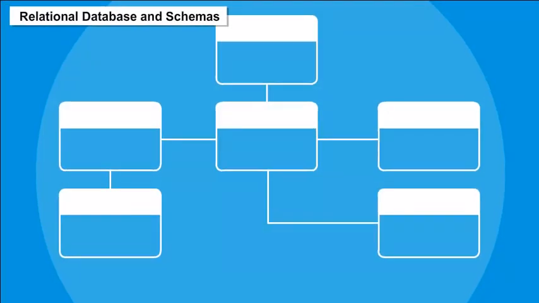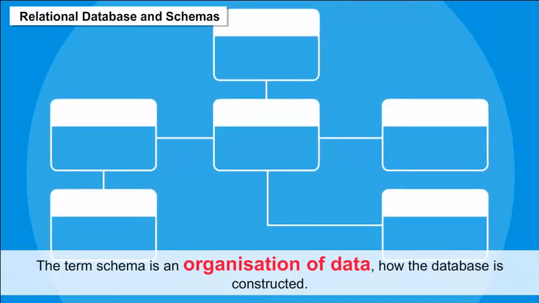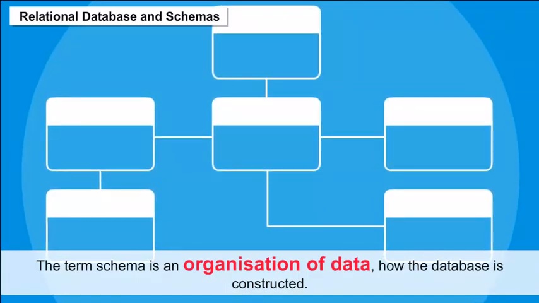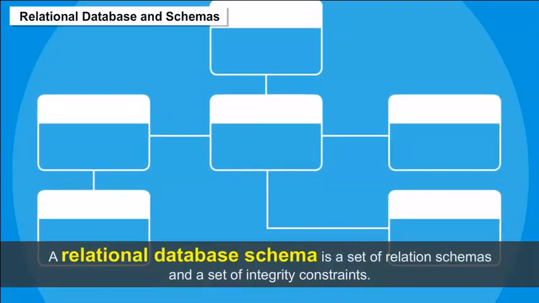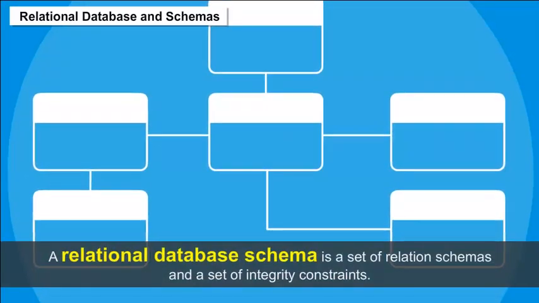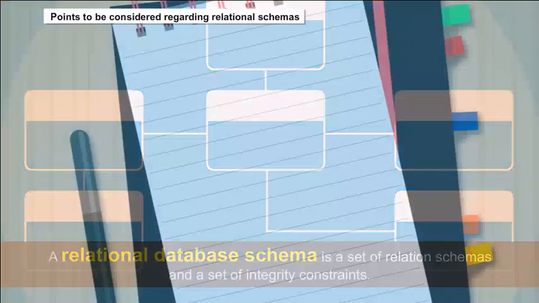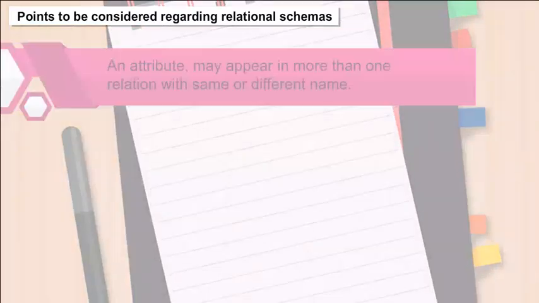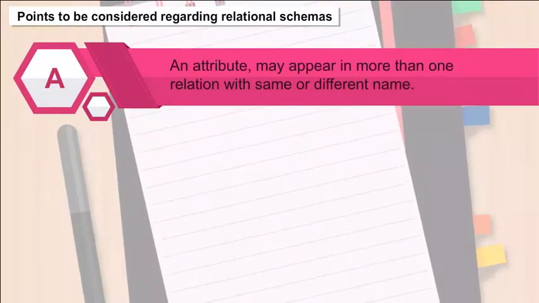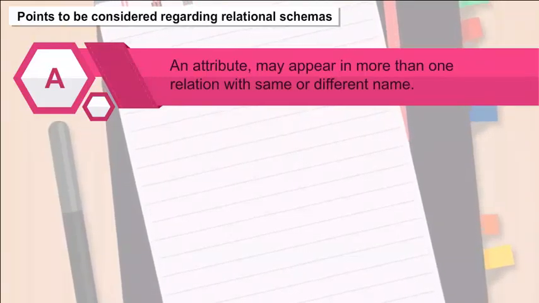Relational database and schemas. The term schema is an organization of data, how the database is constructed. A relational database schema is a set of relation schemas and a set of integrity constraints. Points to be considered regarding relational schemas. A. An attribute may appear in more than one relation with the same or different name.